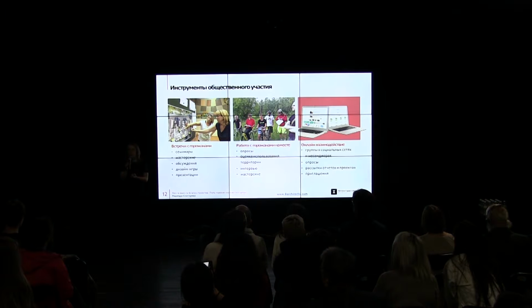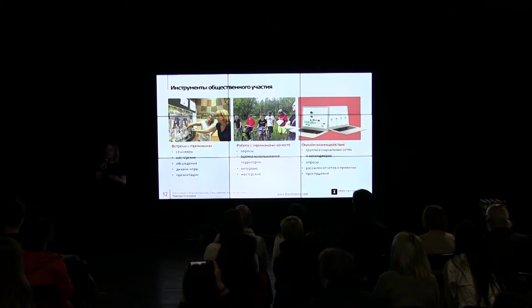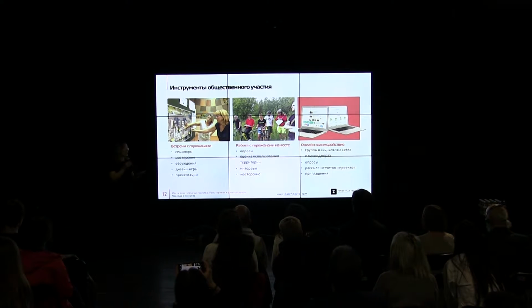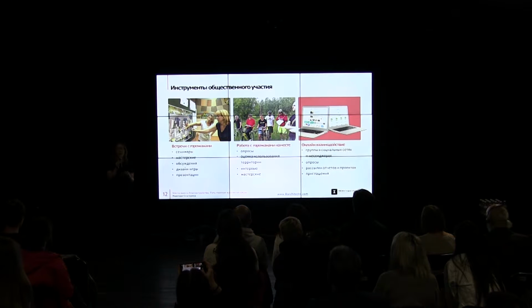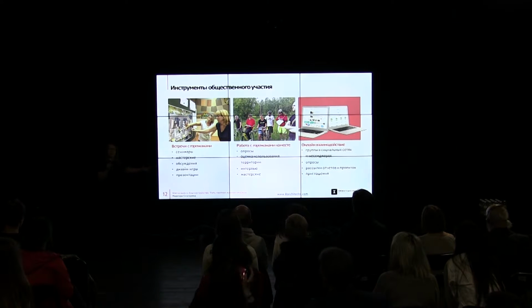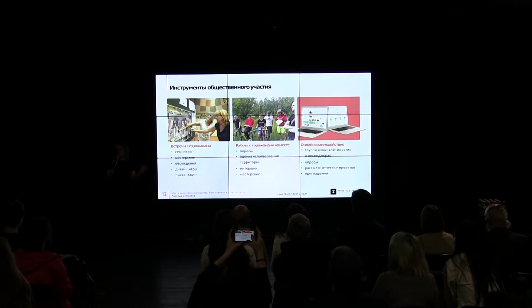These include polls, interviews, and the last group of tools is online interaction. So this is a toolbox that allows us to build this work based on who the stakeholders are and what our objectives are.